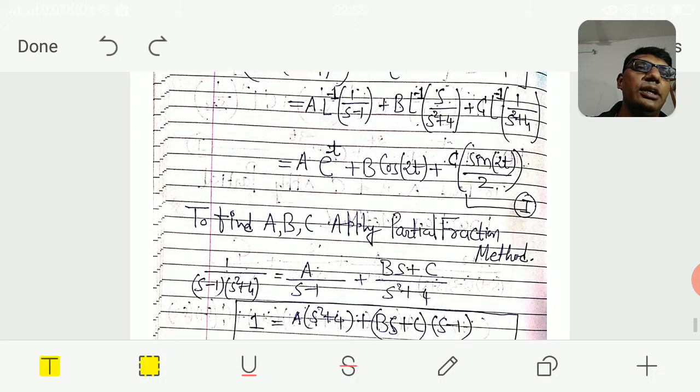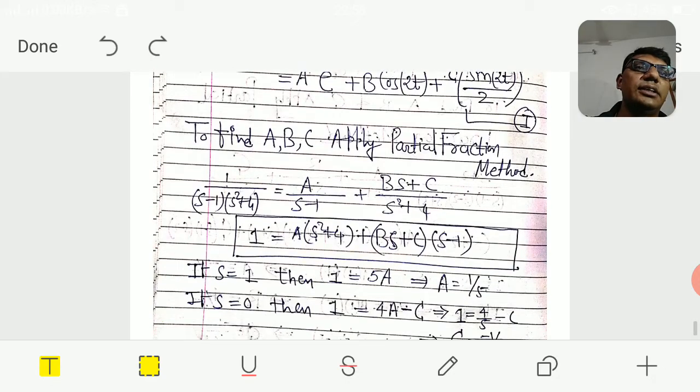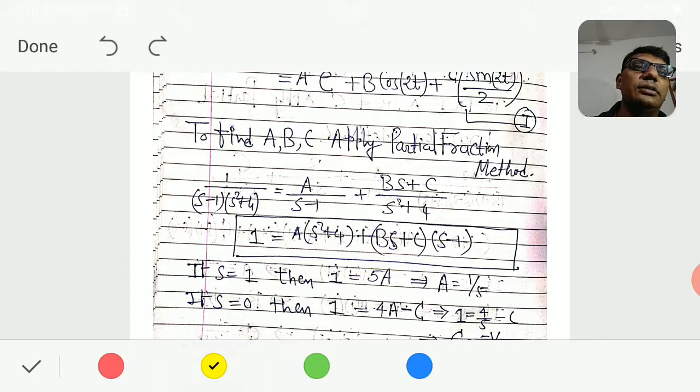Now to find a, b, c, we will apply the partial fraction method like this: 1 upon s minus 1 into s square plus 4 equal to a upon s minus 1 plus bs plus c upon s square plus 4. Then after taking the LCM, we get 1 equal to a into s square plus 4 plus bs plus c into s minus 1.